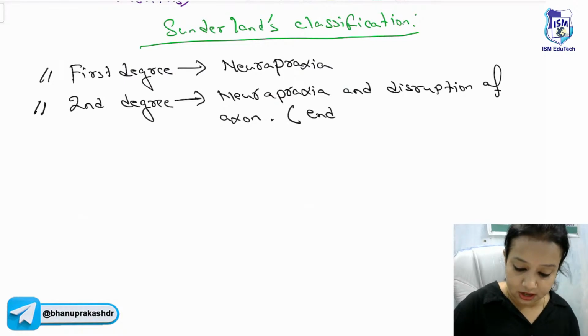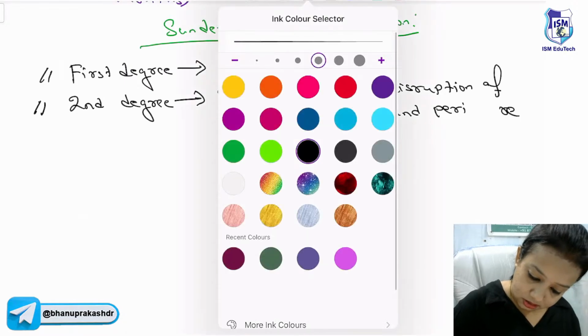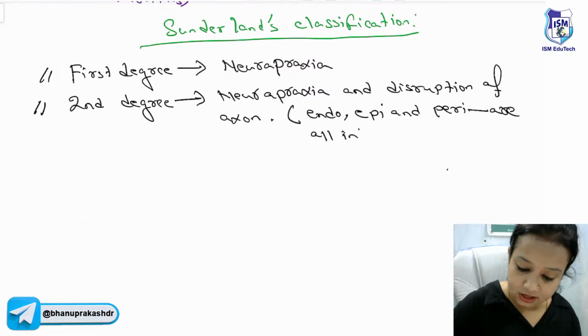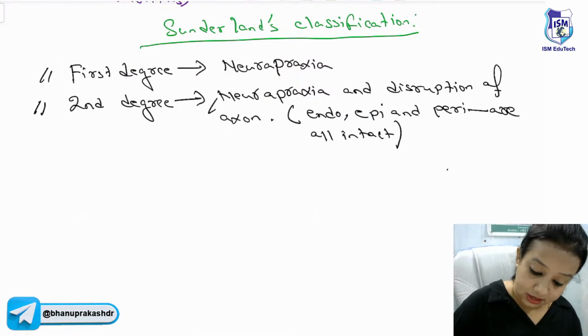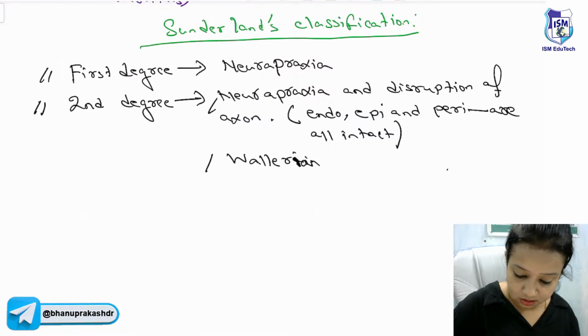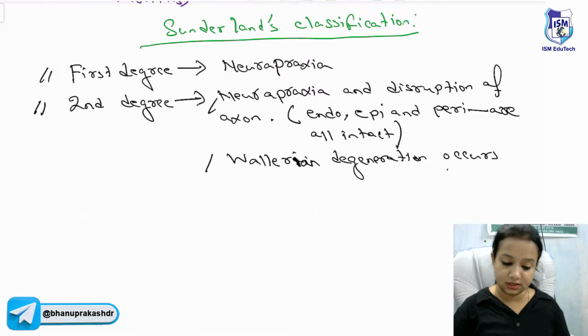Here, the endoneurium, epineurium, and perineurium are all intact. And in second degree, here the Wallerian degeneration occurs.